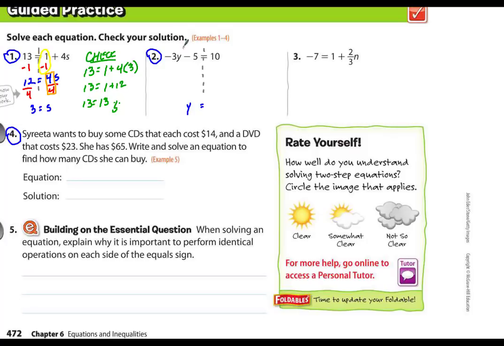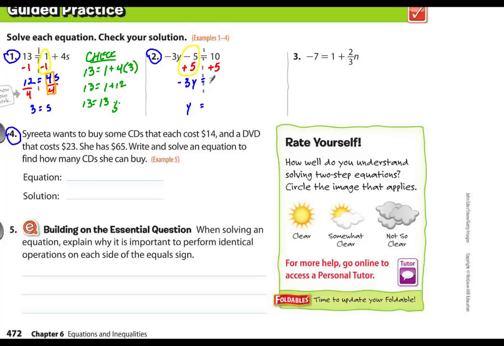Next problem, same idea. The first thing I'm going to do is undo the minus 5. The last thing I did, if I was solving it, the last thing I would do is subtract 5, so that's the first thing I'm going to undo. That's my goal, to get that to cancel out so that I have just the negative 3y left.